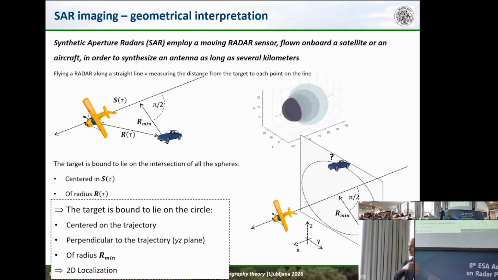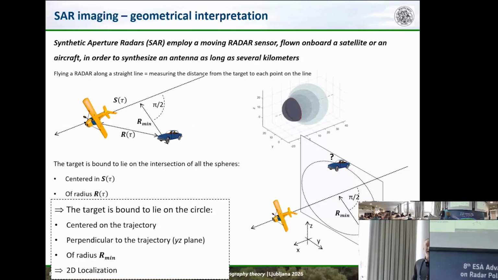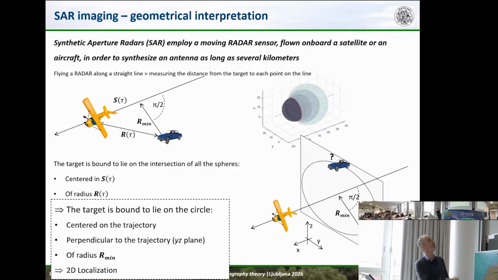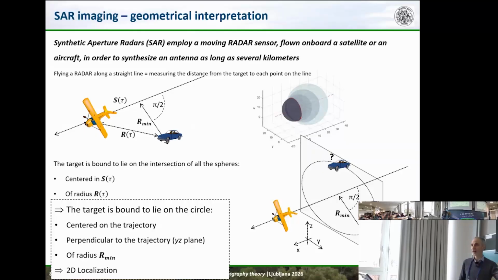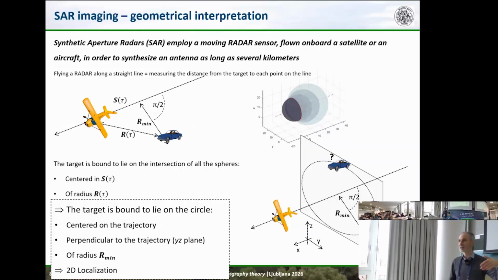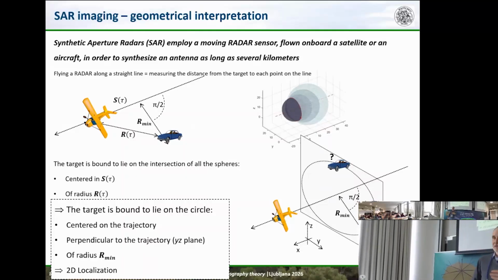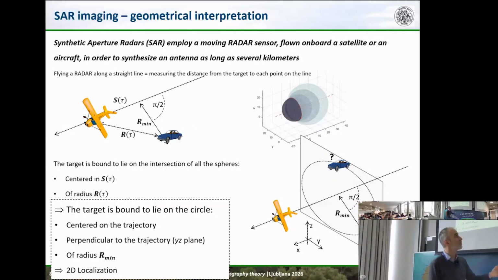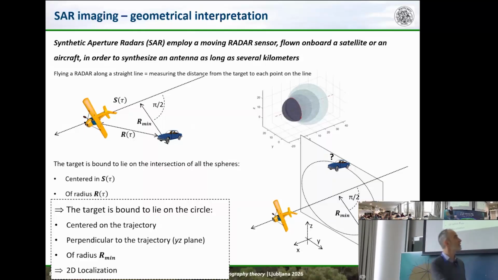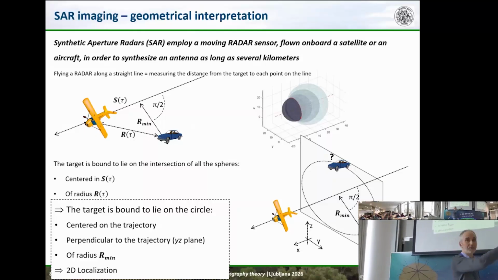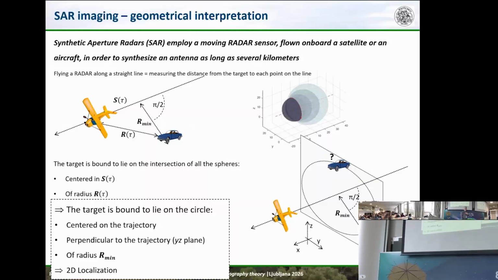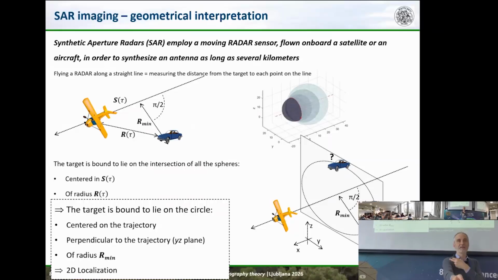Now, and this is the last time I show this slide, we started from the geometrical interpretation. We say that you carry a radar, so the target has to be on the intersection of all the spheres, which means that geometry tells us that at the end of a synthetic aperture radar experiment, the target has to belong to a circle that is centered on the trajectory at the position where the target is found.